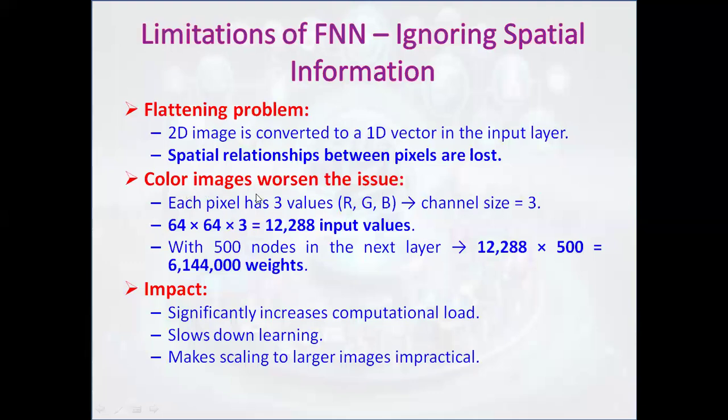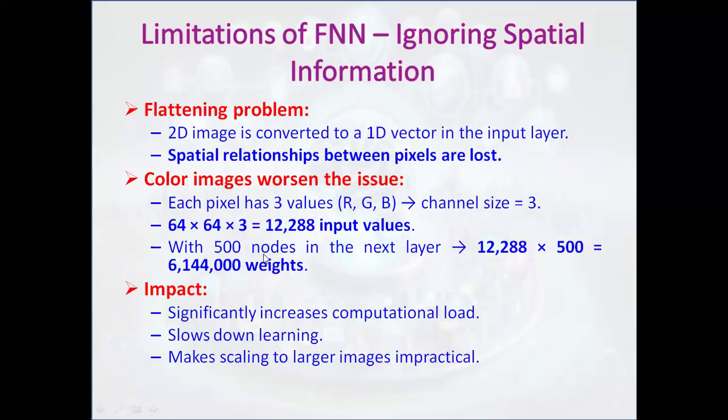And next, if you are taking color images, we mainly consider three colors, RGB. How many channels do we have to take? Three channels. So the input values are 64 into 64 into 3, so 12,288 inputs are required.